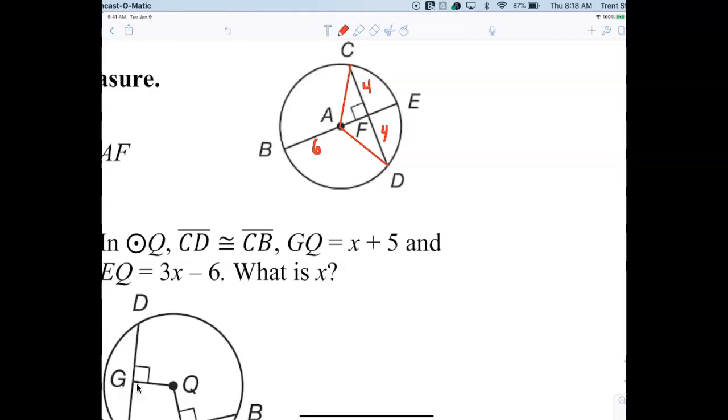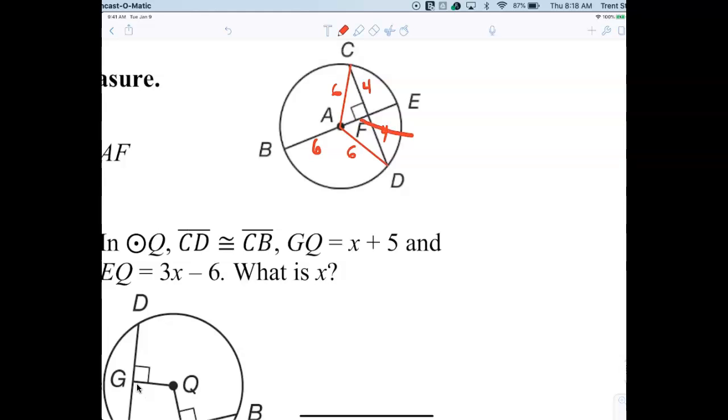Right? So what is AD again, guys? Or AC? 6. Exactly. 6 and 6. All right, now I know everybody can do 36 minus 16, right? Is 20, and then square root of 20 breaks down to what? 2 radical 5.